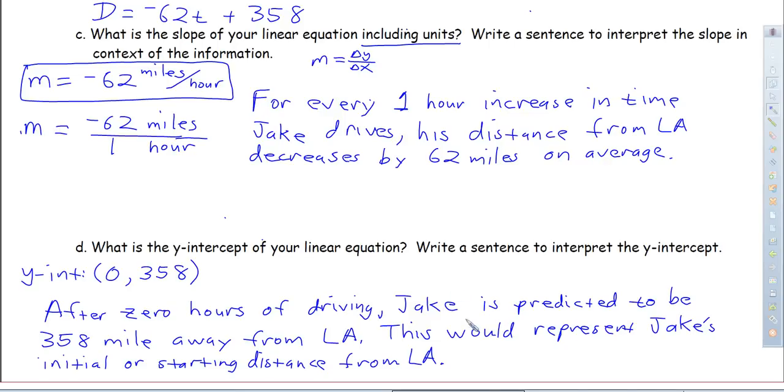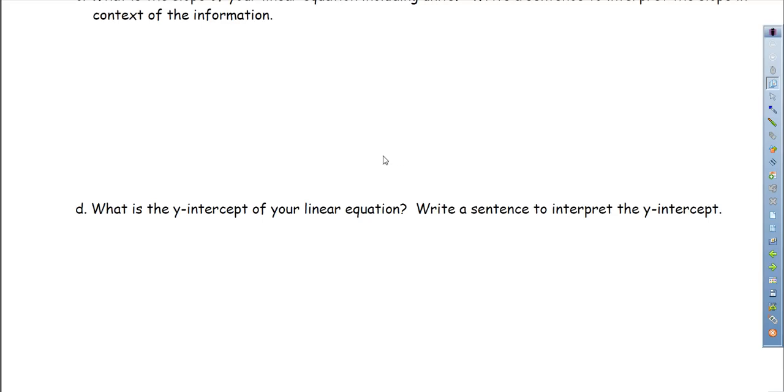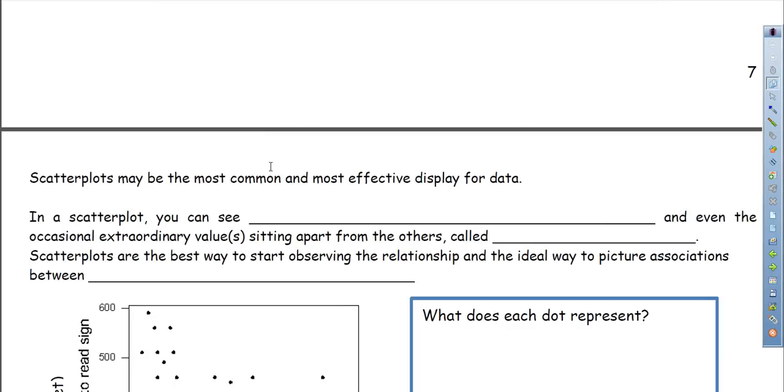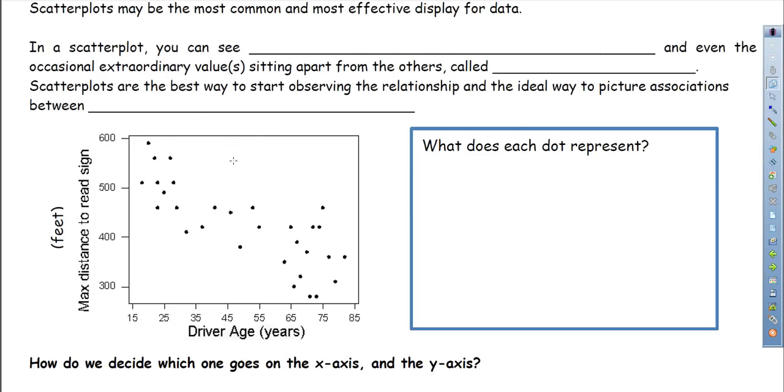Let's continue on to the next page. Let's look at the graph, or a graph. Scatter plots may be the most common and most effective display for data. Down here we have a scatter plot. What can we see?